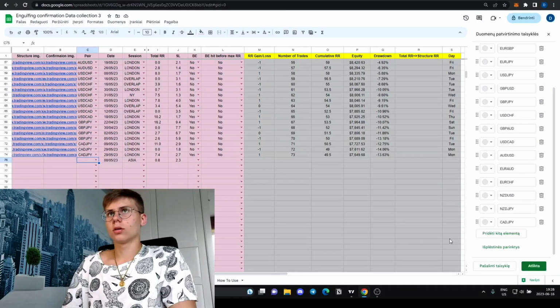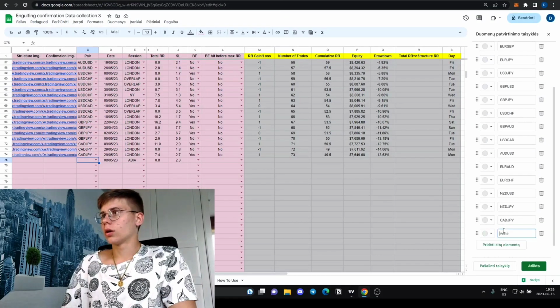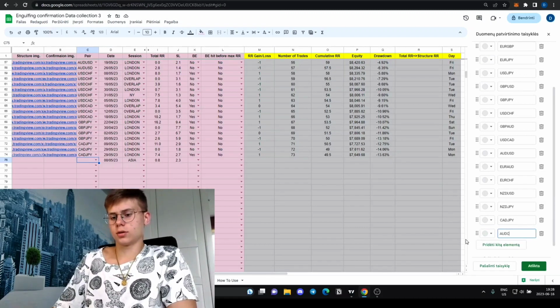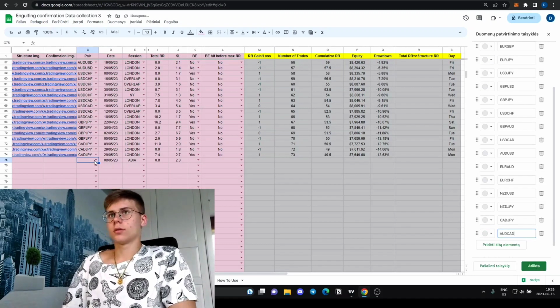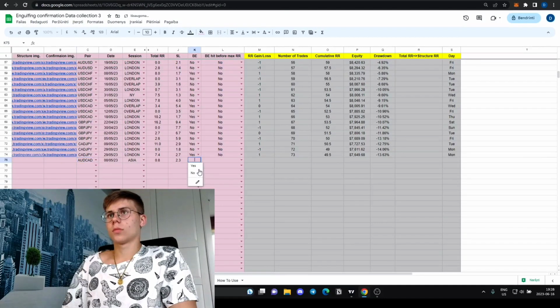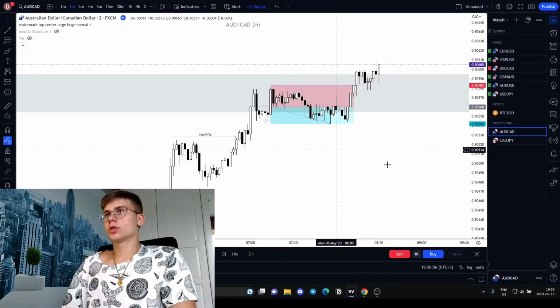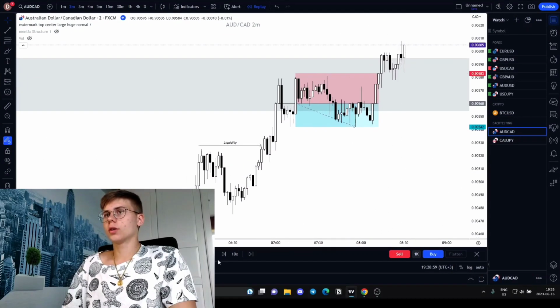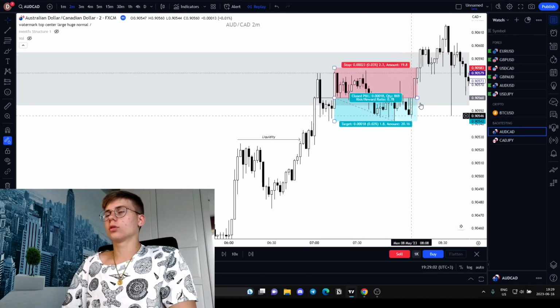Yeah, Australian dollar, Canadian dollar. No, there was no break even, and I always screenshot my trade, how that confirmation looks like.